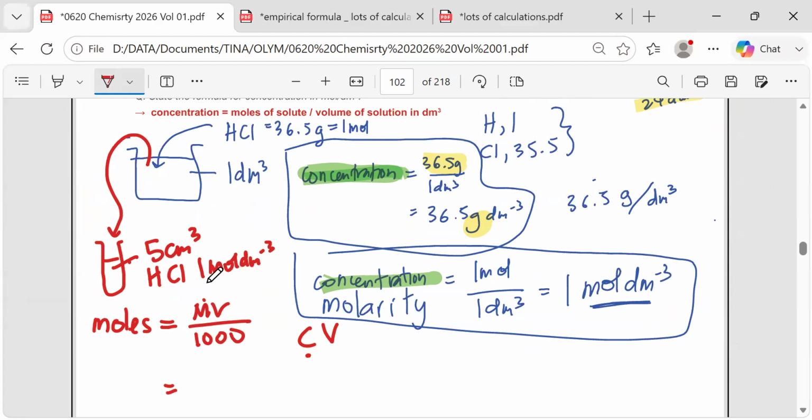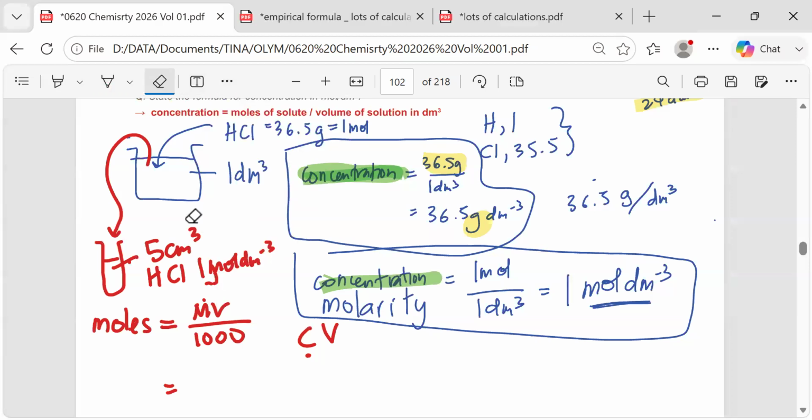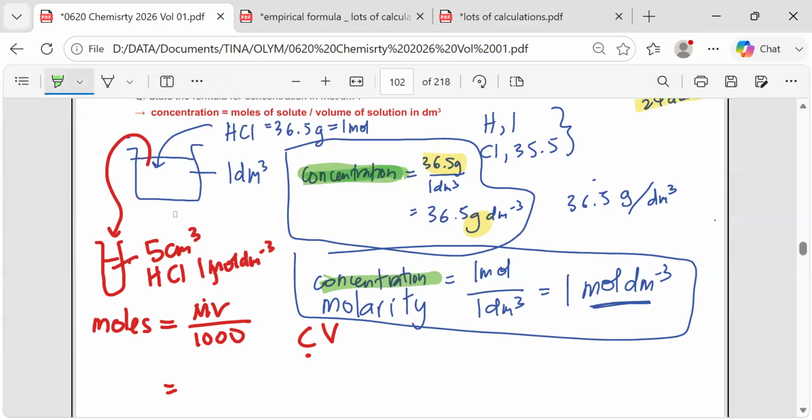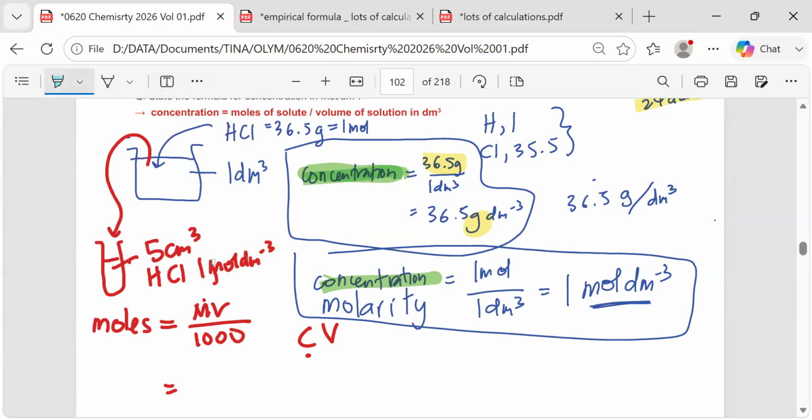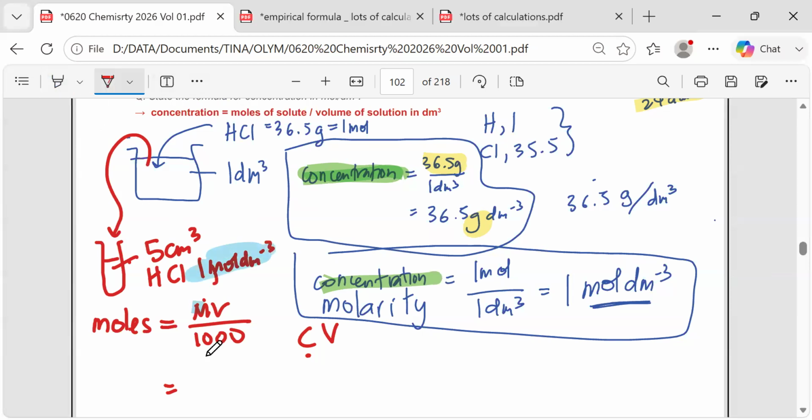M is the concentration, 1 mole per decimeter cube. The volume is 5 centimeter cube. But here's the thing, this one is decimeter cube and this one is centimeter cube. So we want to make it the same unit. Put it over 1000. You get it?